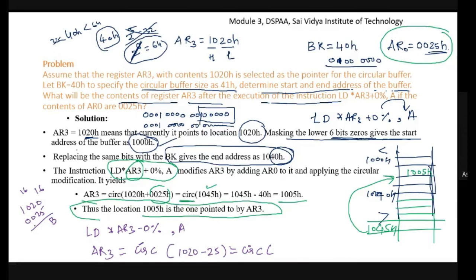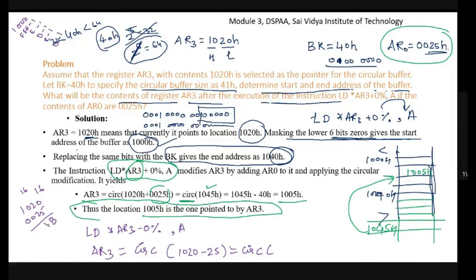Can anyone calculate and tell me in the calculator how much this value is? 20,000 comes. After 1000, we have to keep subtracting. After 1000, you'll be having FFF, then FFE, then FFD, then FFC, then if I subtract, I'll be having FFB.